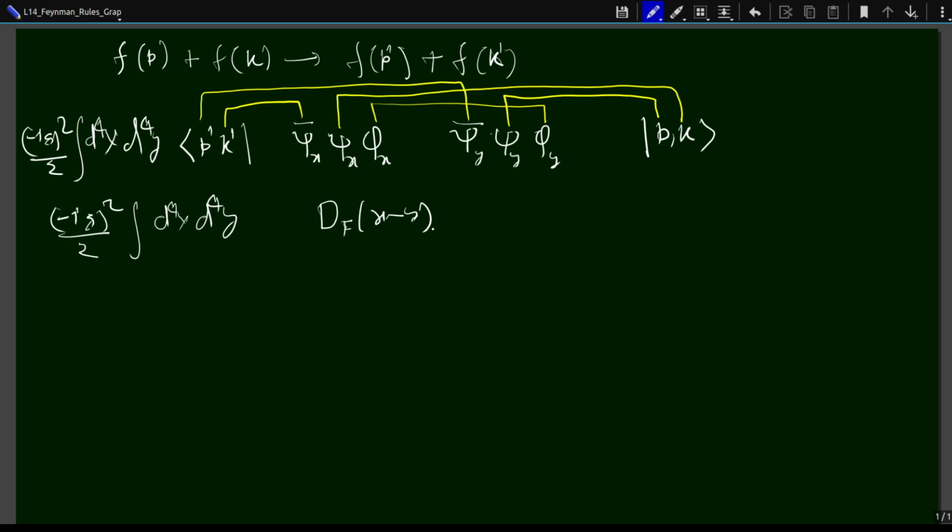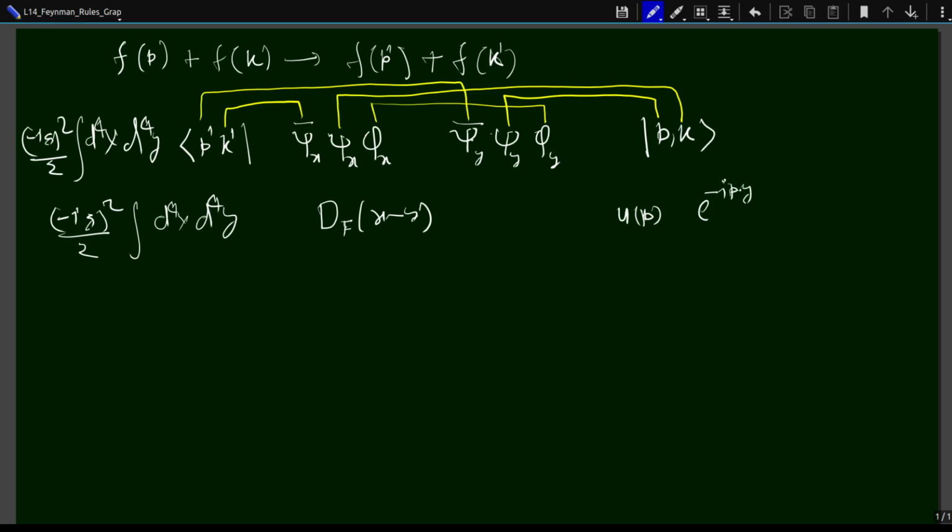So what I get over here, psi acting to the right will give me u of p times exponential of minus i p dot y.